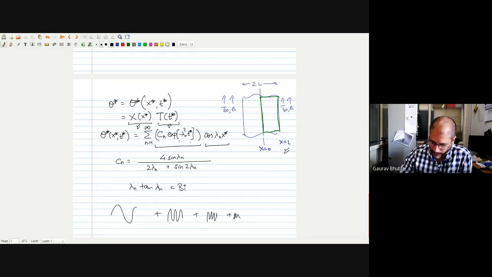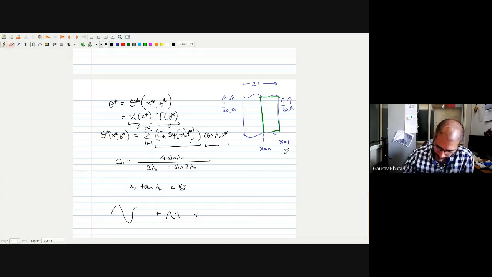So what that means is, as I go further, the amplitude actually goes down, and by the time I reach a large frequency, I may have a very small magnitude, because the magnitude is decreasing as e to the power of minus lambda square.